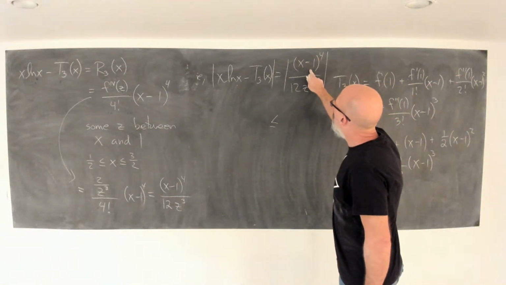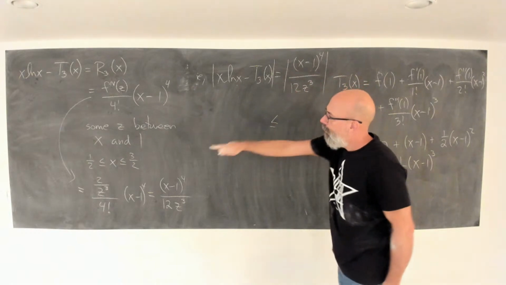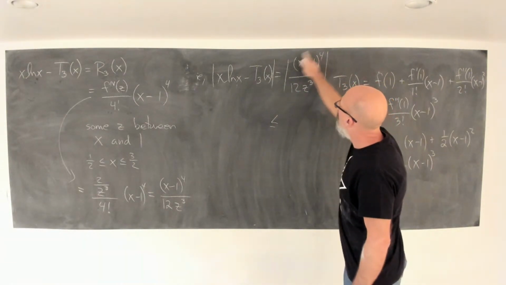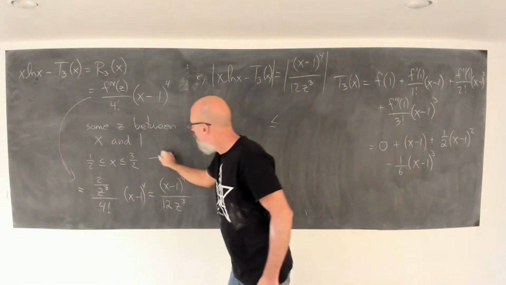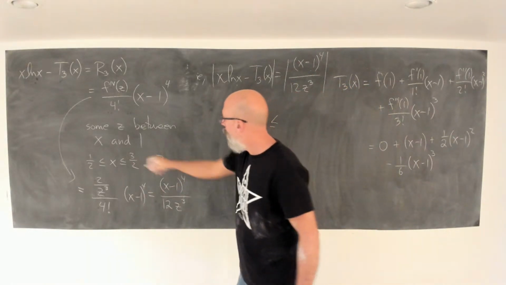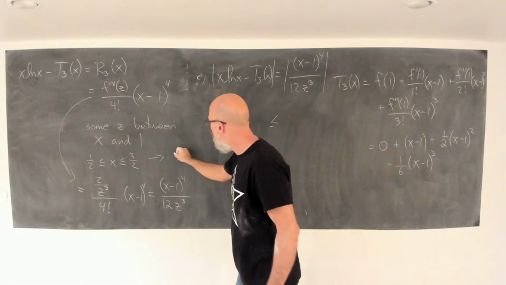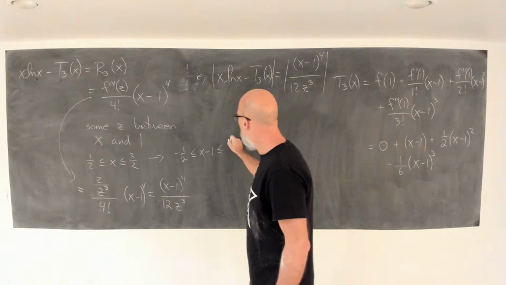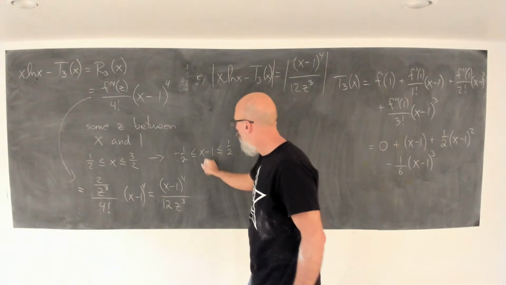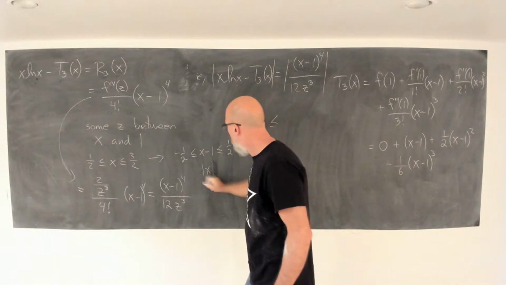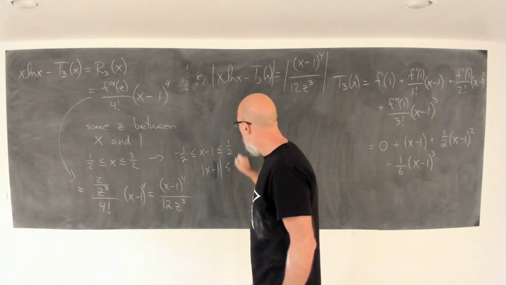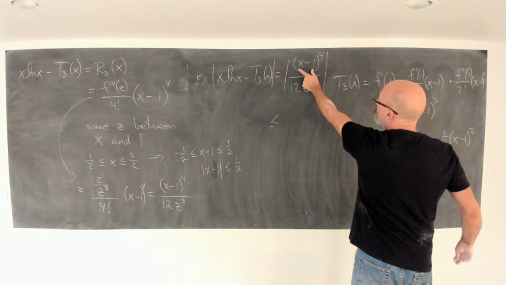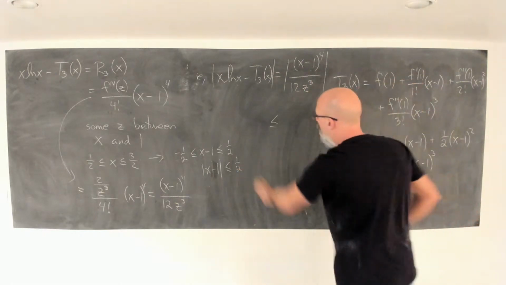And x minus 1 in absolute value is less than or equal to 1/2. Right? If you subtract 1 from both sides, so x minus 1 in absolute value is less than 1/2.